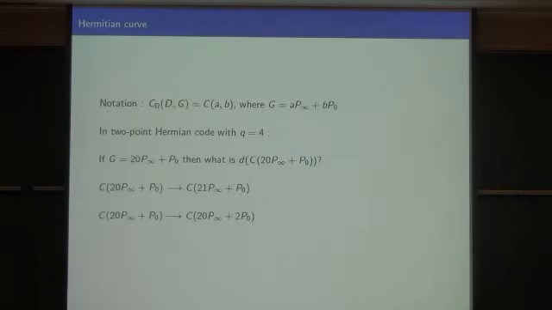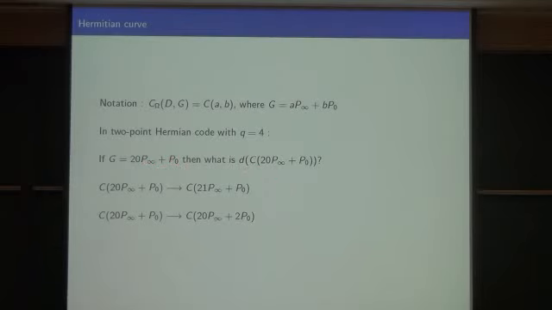All right. So what about 2-point codes then? So the notation, I'll use C_Ω(D,G) when G is aP∞ + bP0. I'll just write it as C_ab. So in 2-point Hermitian code with q equals 4, so let's think about 2-point codes. When G is 2P∞ + P0, what is the minimum distance of this code here?